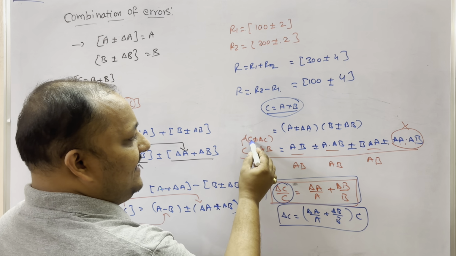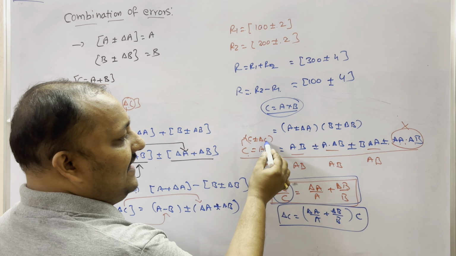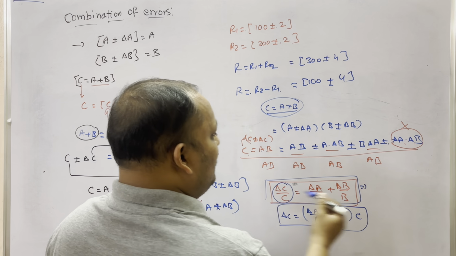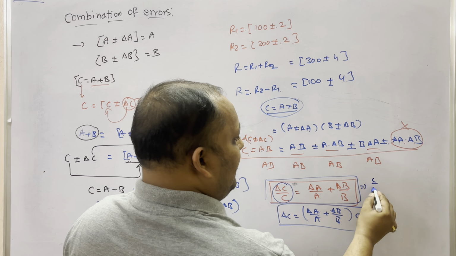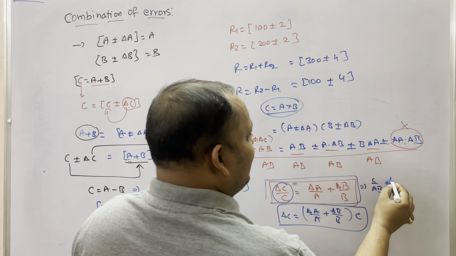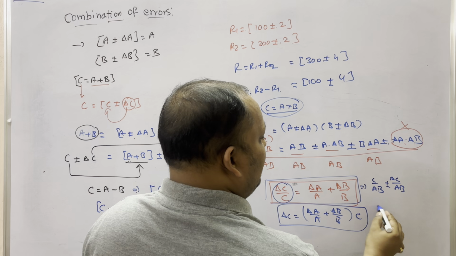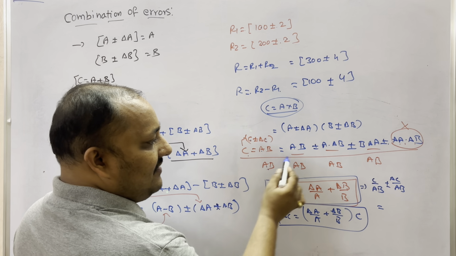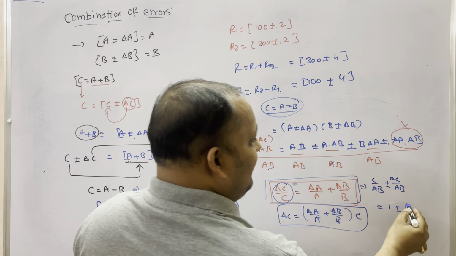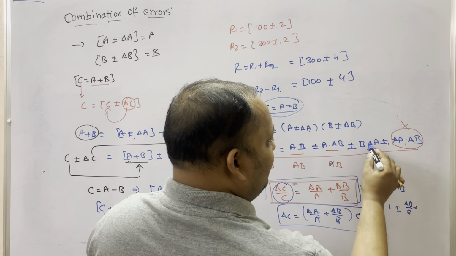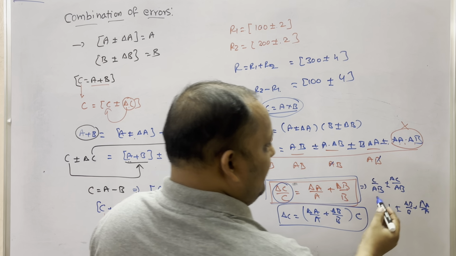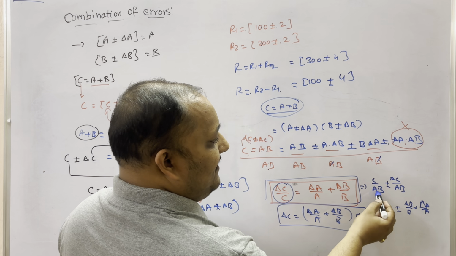If you write the C value as AB and delta C like this, you are going to get the answer. C by AB plus or minus delta C by AB is equal to, this one I wrote on the left side. So AB will be cancelled. So 1 plus or minus, A by A will be cancelled, delta B by B, so delta A by A. So on the left side, C and AB are both the same.